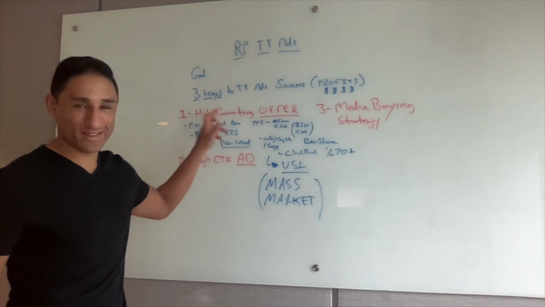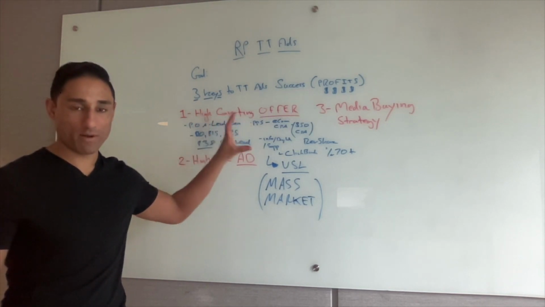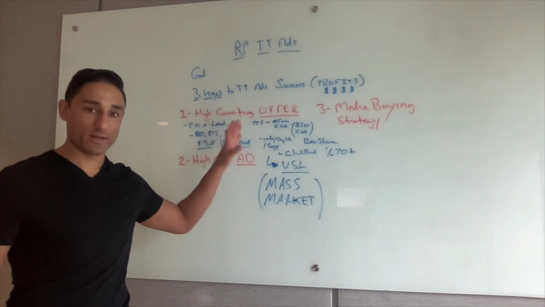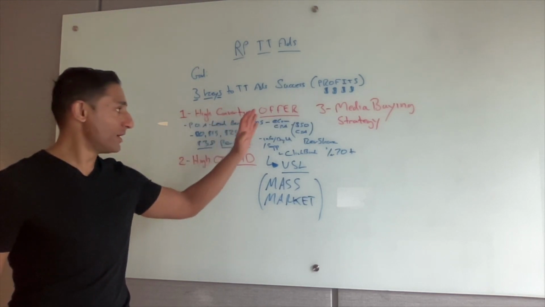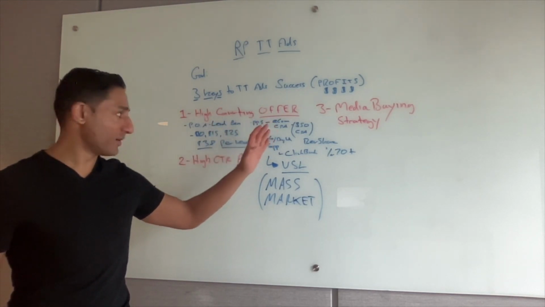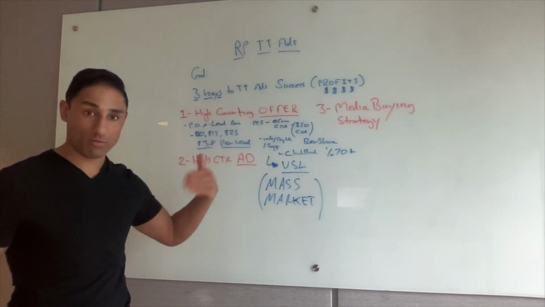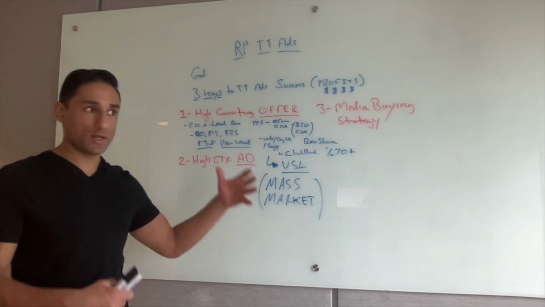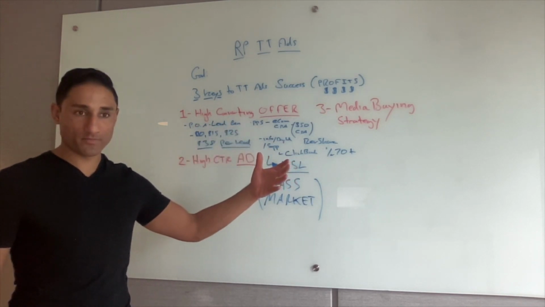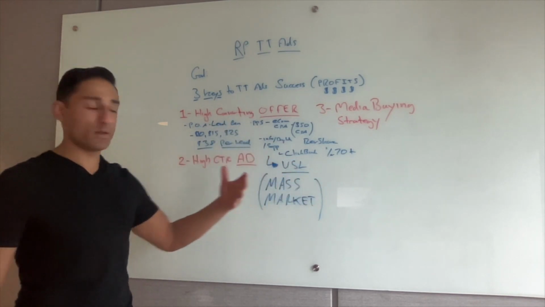The offer is the thing that sells itself. You don't have to worry about the offer. The offer is already made to convert, whether it's a lead gen form, an ecom CPA offer, or a ClickBank VSL offer. These generally will convert if you've gone through the right process that we teach in AffLabs to find these offers and validate them.